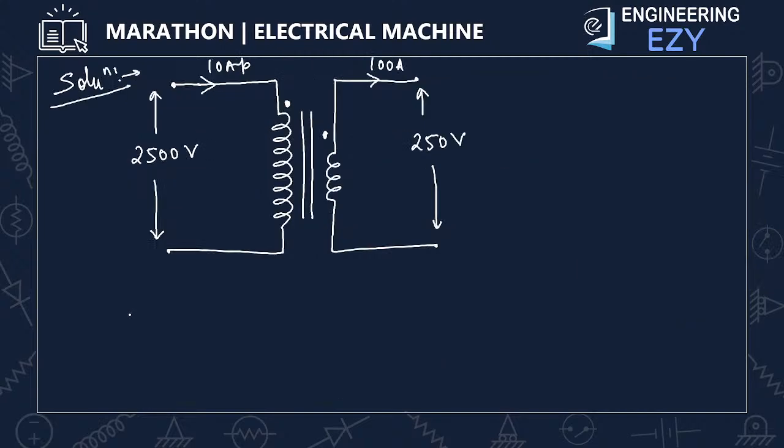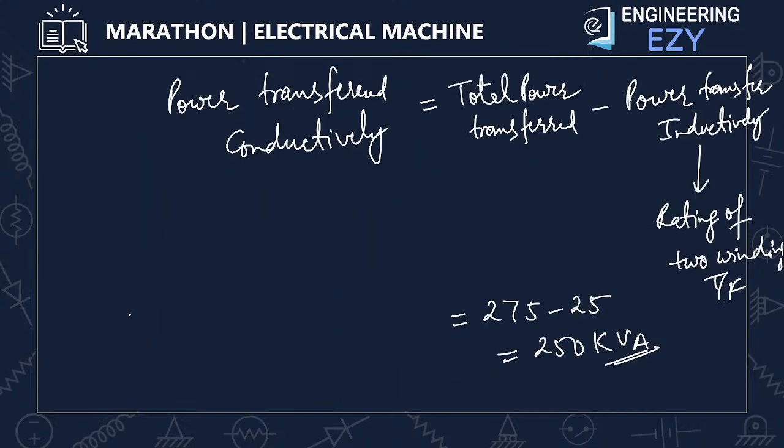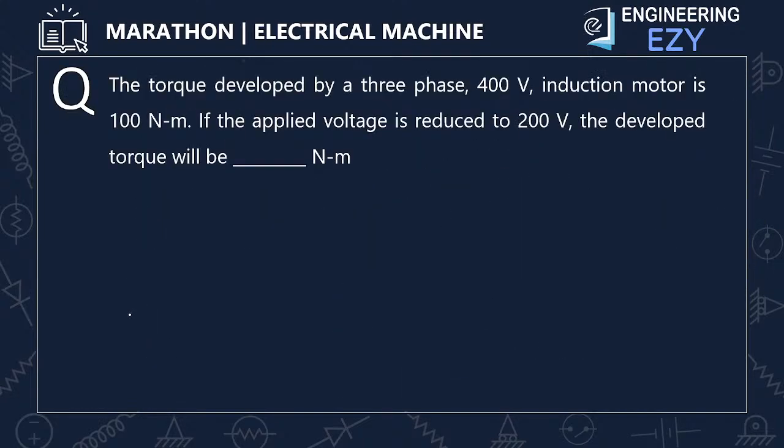Now moving to the next question. Try to give the answer of this question. The torque developed by a three-phase 400 volt induction motor is 100 Newton meter. If the applied voltage is reduced to 200 volt, the developed torque is? In the first case, the voltage given to the induction motor is 400 volt.